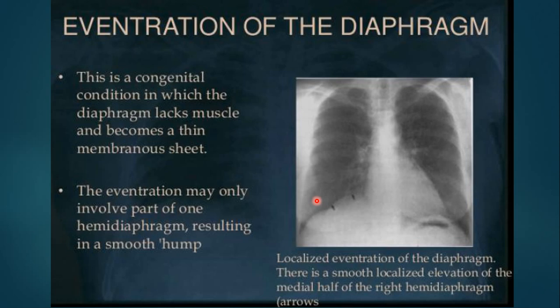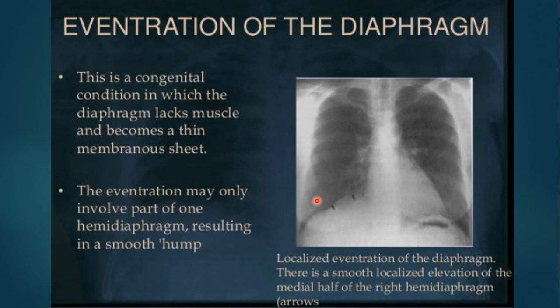Regarding eventration of the diaphragm, as we said, it is a congenital condition that results in lack of muscle in parts of the diaphragm. This part becomes a thin membranous sheet and it will be weak, so it will be elevated, okay? It can involve just part of the hemidiaphragm or the whole hemidiaphragm.